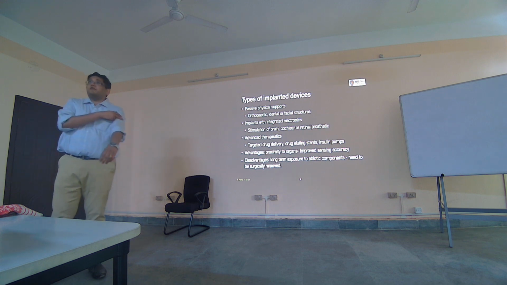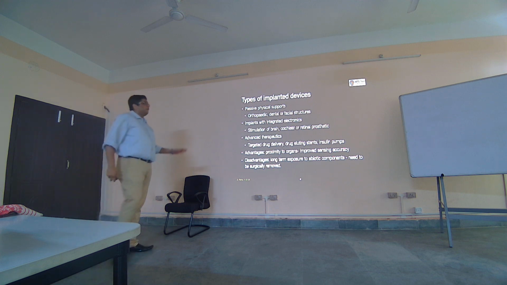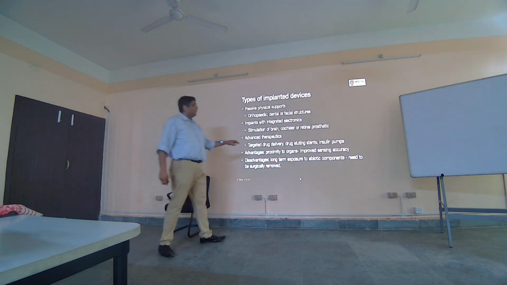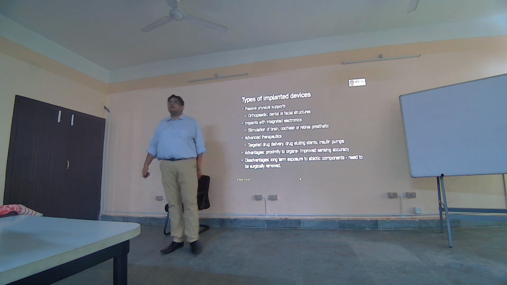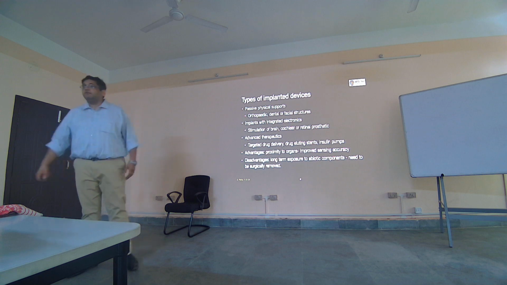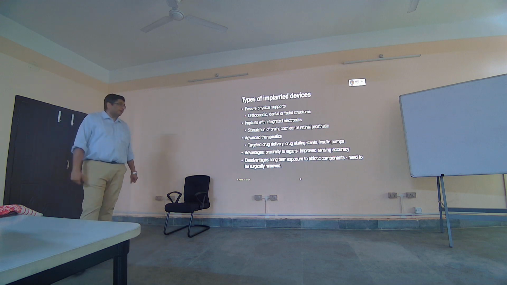Today we measure blood pressure at the artery here, but if you think there is a risk to the heart, having a blood pressure sensor directly next to the heart would be most convenient. It's directly next to the organ. It gives you the most accurate data, if you will. So there is a certain advantage to having implanted electronics because they give you very reliable data.